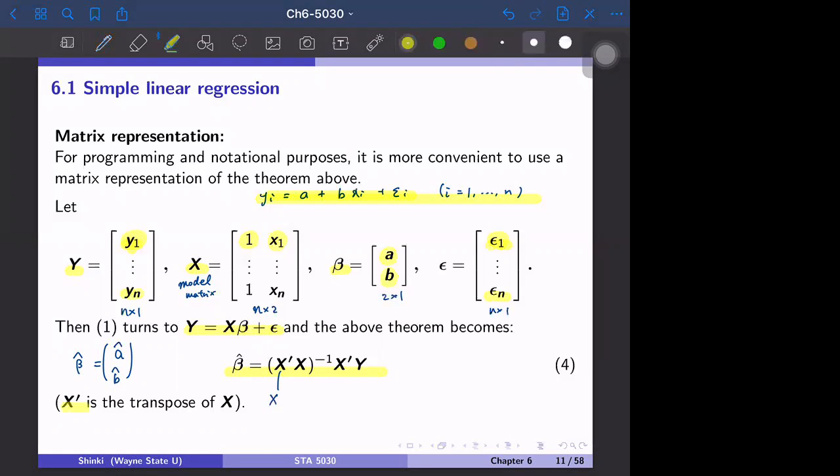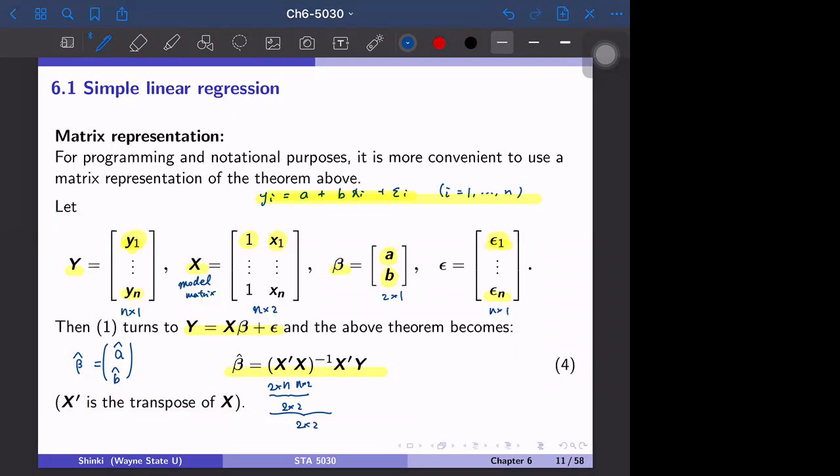So x transpose is 2 by n, because x is n by 2. So x transpose x is 2 by n times n by 2, which is 2 by 2. If we take the inverse, it is still 2 by 2.